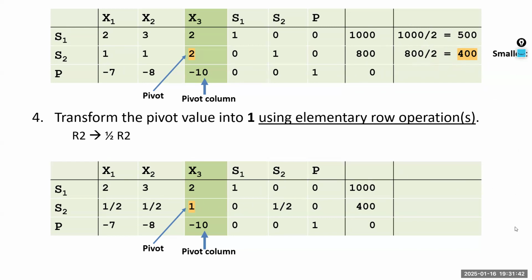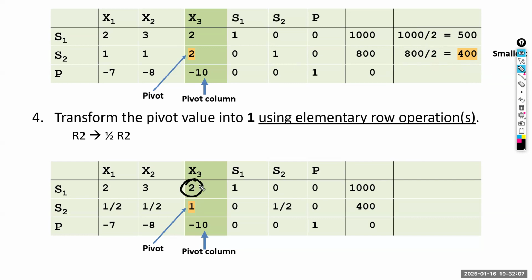Right? So now our next task is to convert these into zeros by using elementary row operations. Right? So how to do it? How to convert this into 0? So this plus, or half of this plus, sorry, minus half of this plus this.